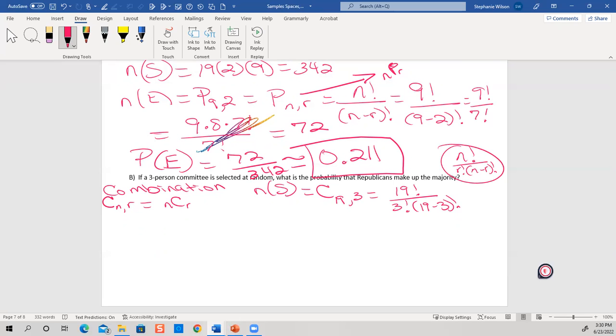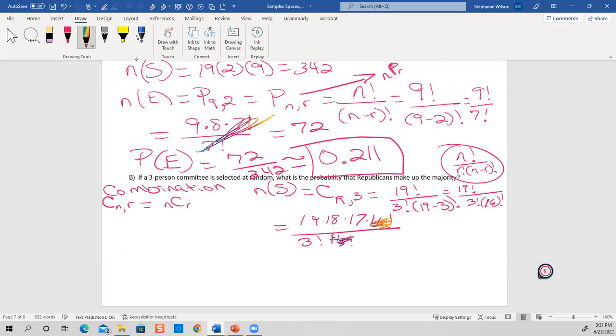Okay, so when we type this in the calculator, I get a number. I'm going to go one step here just to show you the math. I'm running out of paper room, so I was just going to type it in the calculator, but let's do this right quick. Okay, so the 16 factorials reduce.